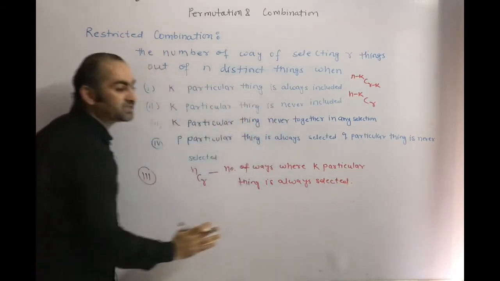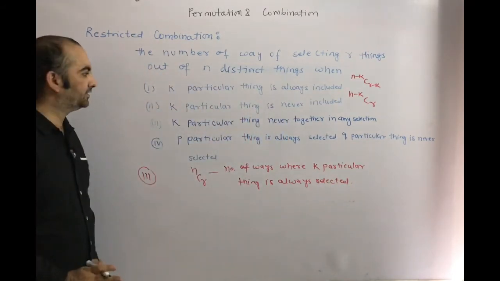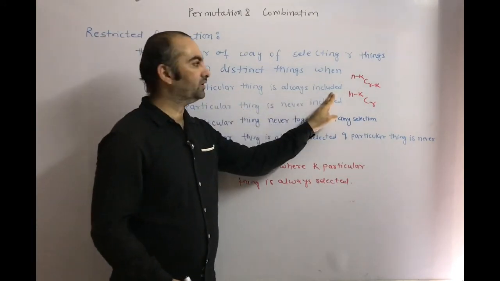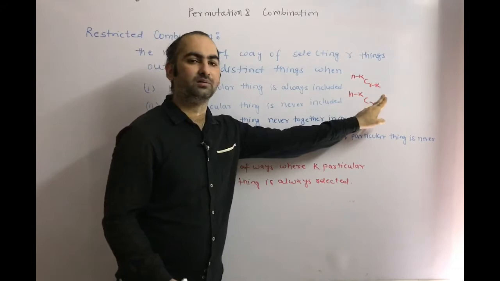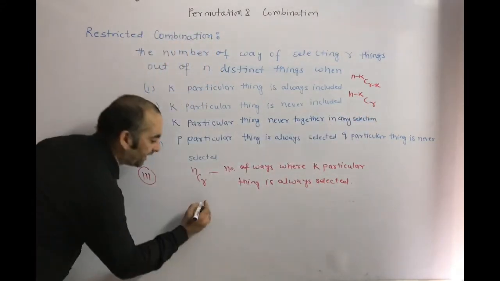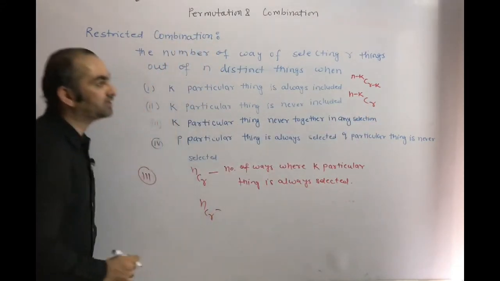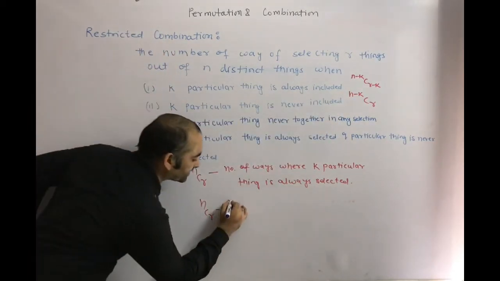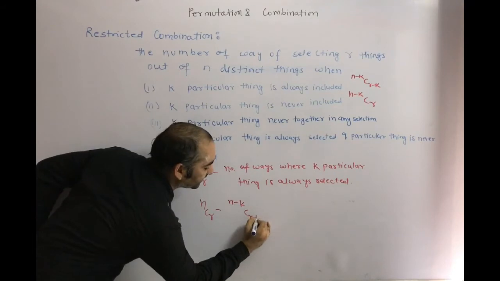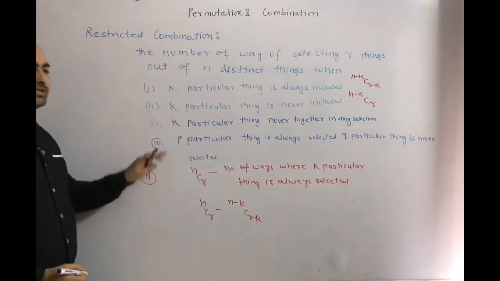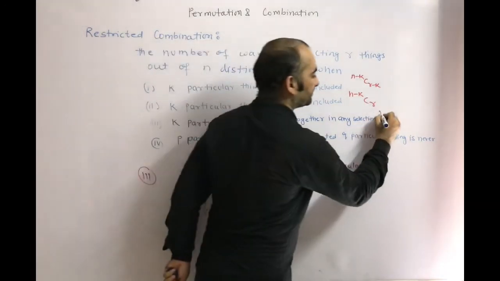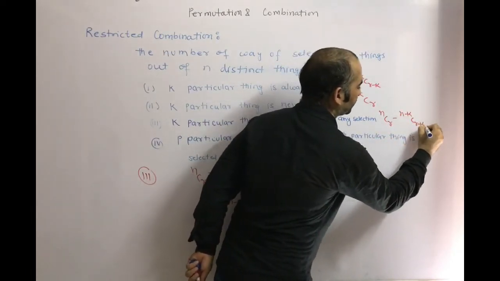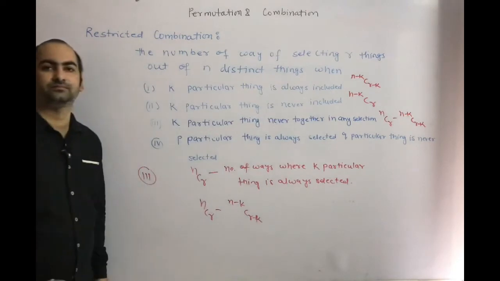Always selected means always together, so that we already did. In the first part, k particular things are always together, that is nothing more than n minus k C r minus k. So from total nCr, if I subtract this one, we will get the third part. So the third one's answer is nCr minus n minus k C r minus k. So this is the third part.